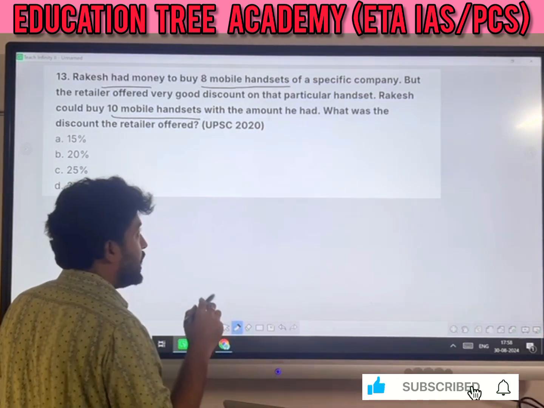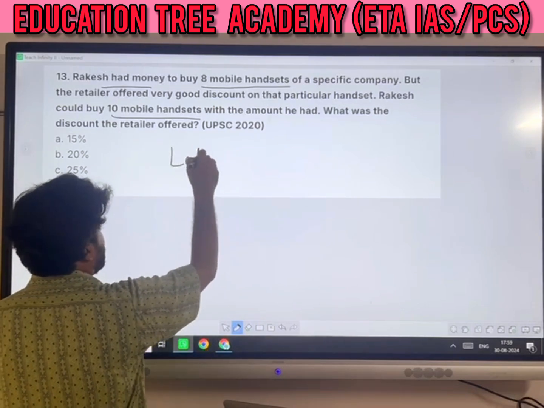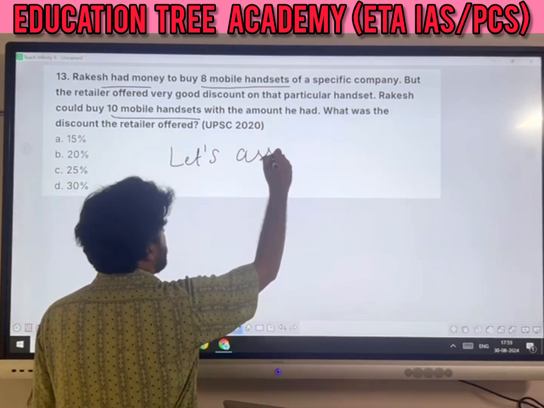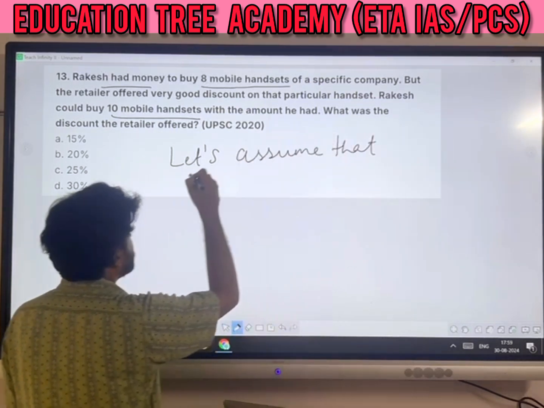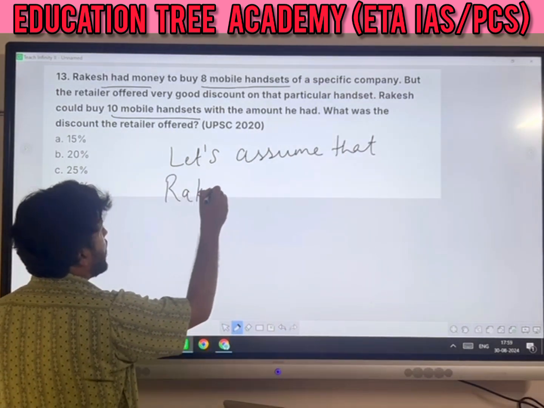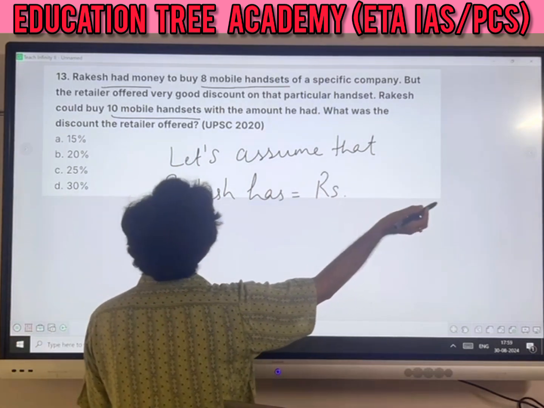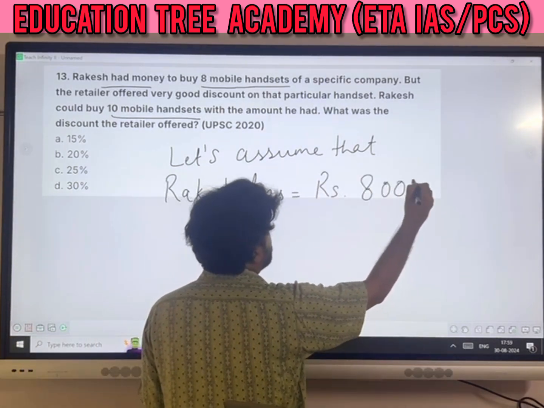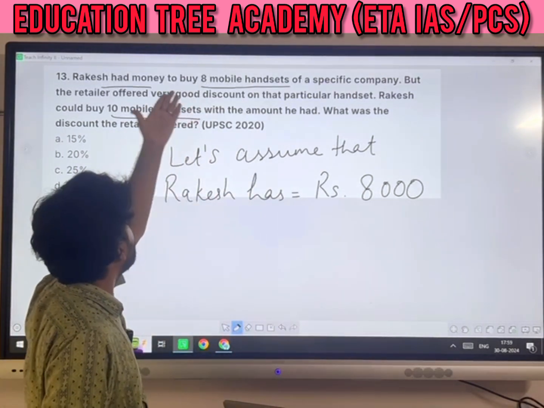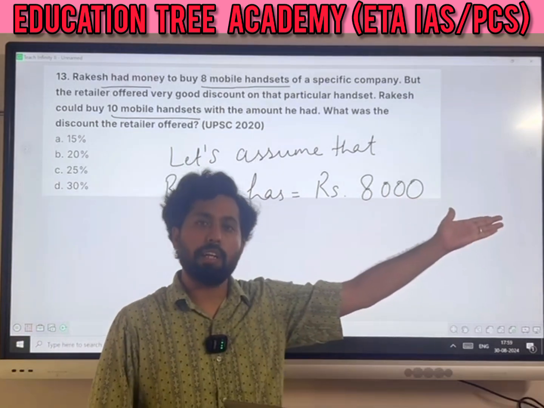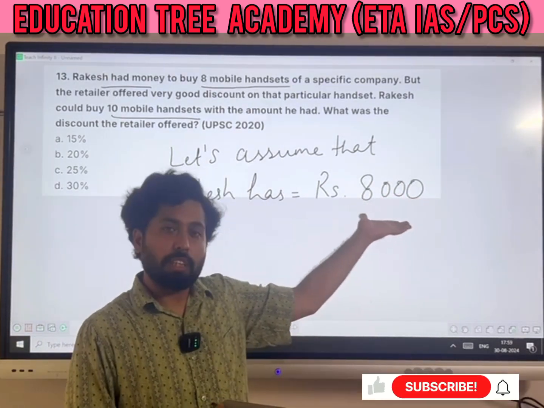So let's assume that Rakesh has rupees 8,000. Why are we using 8,000? Because this is a multiple of 8 and 10. You can also take 800 or 80, but I am taking 8,000 because it is a large enough number.